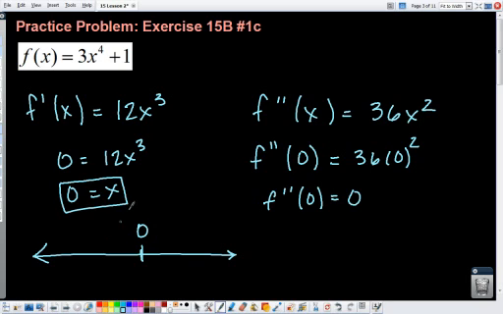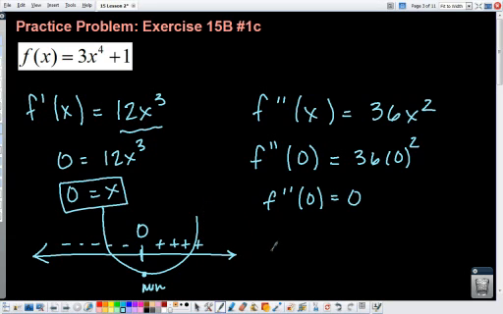So I'm going to substitute negative 1 in for x in f prime of x, and I end up with negative 12. So all the values less than 0 are negative. When I substitute 1 in and cube it, I get 1 times 12, which is positive. So I have a change in direction, which means my graph looks something like this. It goes decreasing, decreasing, hits 0, which is the minimum, the x-coordinate of 0, and then it starts increasing in the other direction.